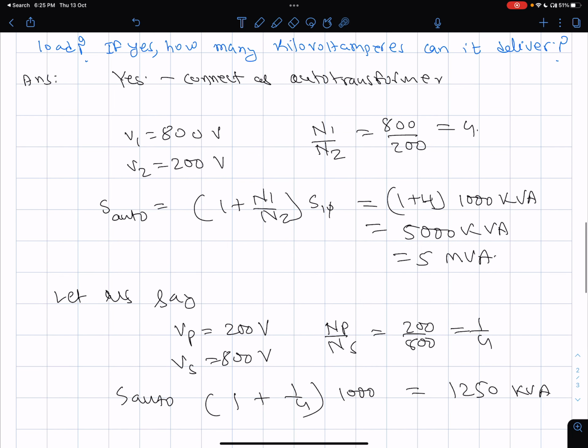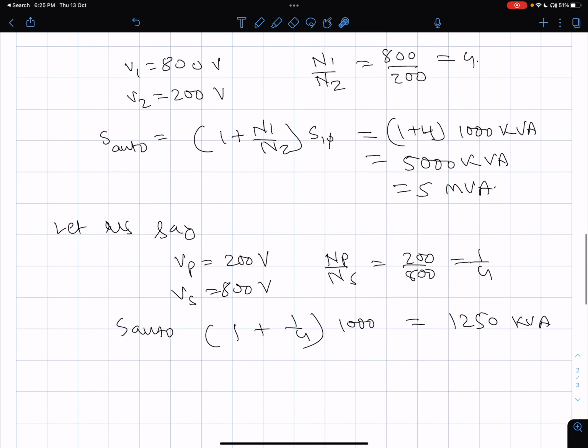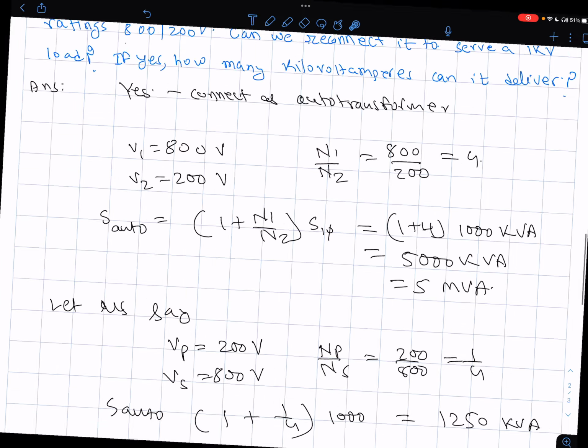So the point which I am trying to make is, if you had a primary source of 800 volts, you would have got a significant amount of power boost with this auto transformer interconnection. But if your primary voltage source was only 200 volts, then you don't get that much boost with the auto transformer, and that's understandable.